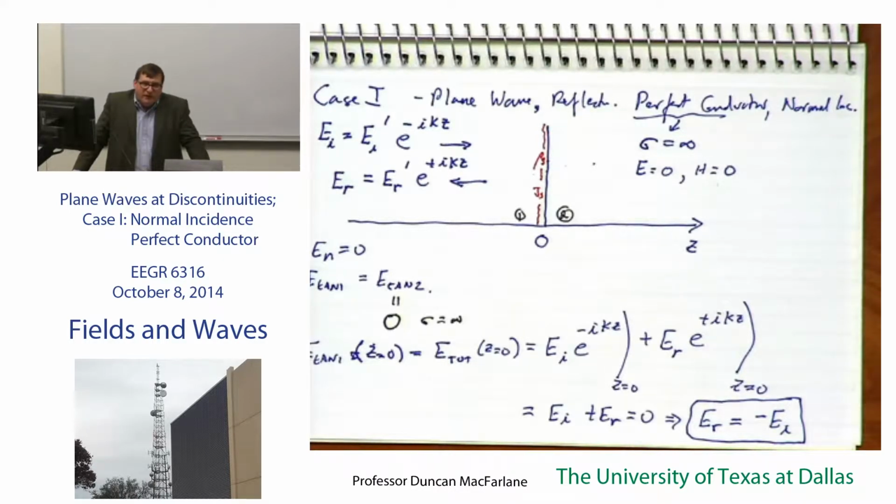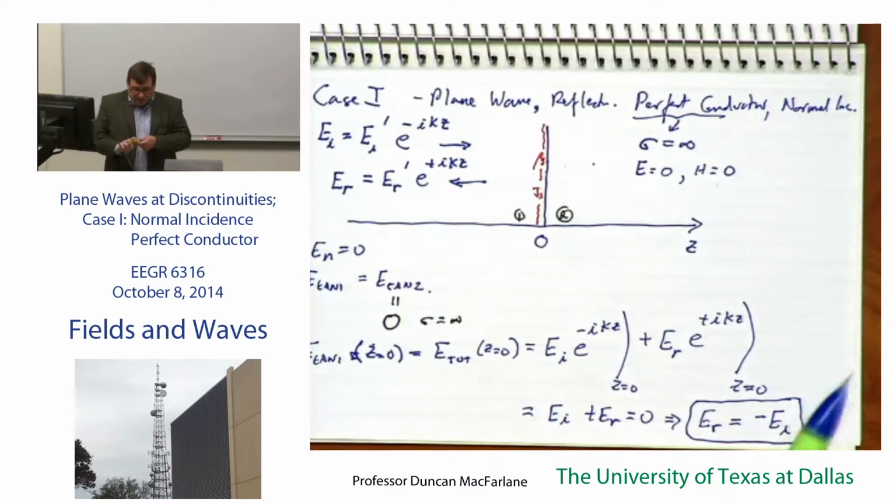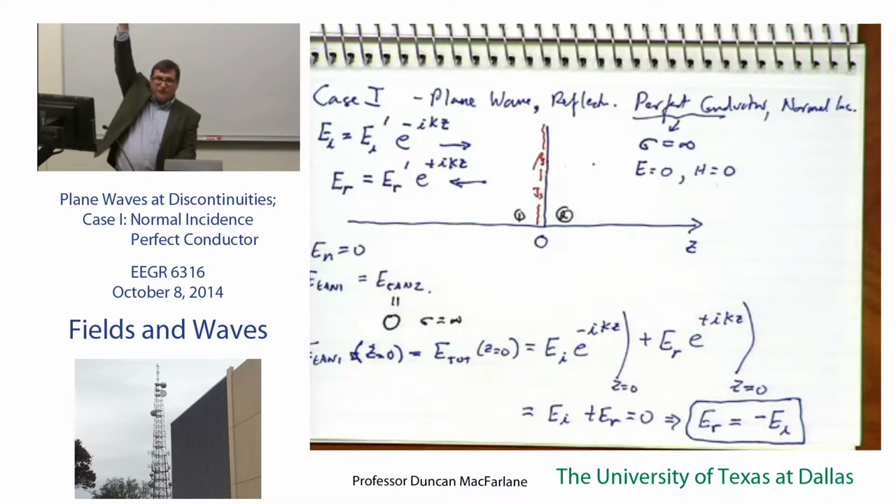So physically, one of two things is happening. Both are correct. But we can look at this minus sign in two different ways. One is that there's an instantaneous flip in the direction of the electric field from incident to reflection. So the direction somehow flips instantaneously.